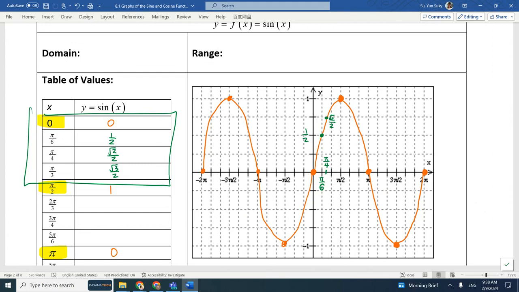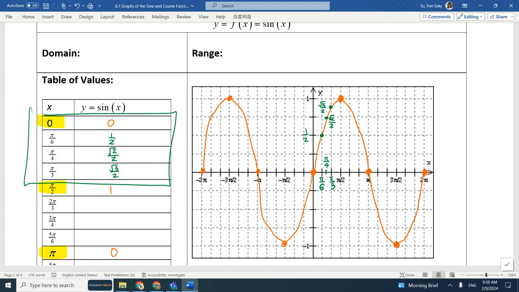That is pi over 3, and the sine of pi over 3 is root 3 over 2. Therefore, you see when the angle increases in the first quadrant, our y values increase. So just focus on the first quadrant because the other quadrants are going to be similar.